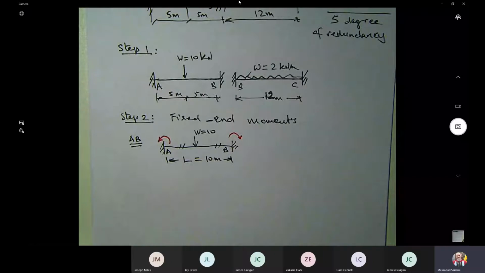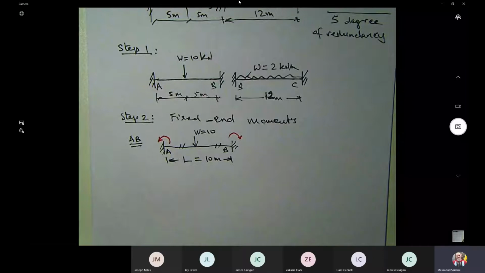So what's going to happen? The supports here will try and prevent it, because these moments are reactions, okay? So I repeat, if you have a load pushing down the beam, it's going to bend like this. So to prevent that bending, the moments here will try to prevent that. So you have got moments going this way.